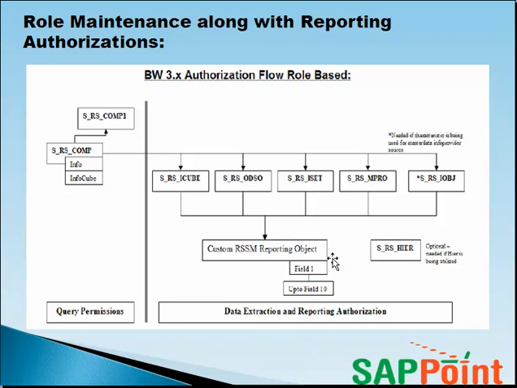Roles with pure functions are separated from roles that include authorizations in this mechanism. In BW, the reporting objects are S_RS_IQ, ODSO, ISET, MPRO. They are used to restrict access to InfoCubes, ODS objects, InfoSets, multi-providers, etc.